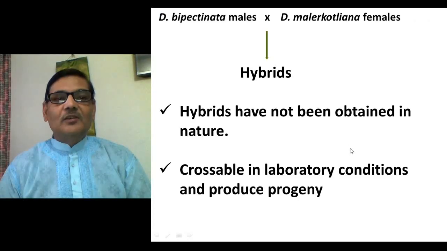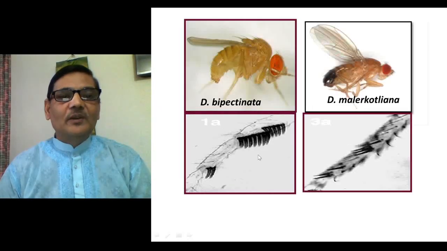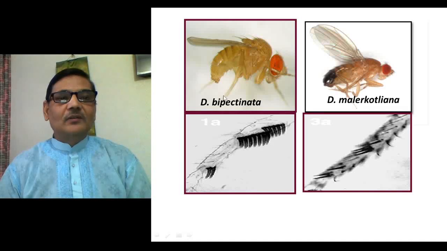This is the pattern in malerkotliana, whereas a totally different pattern is there in bipectinata. So these are two features, the abdominal tip coloration and the sex comb pattern, which can be used to identify the males of the two species. But their females cannot be distinguished.